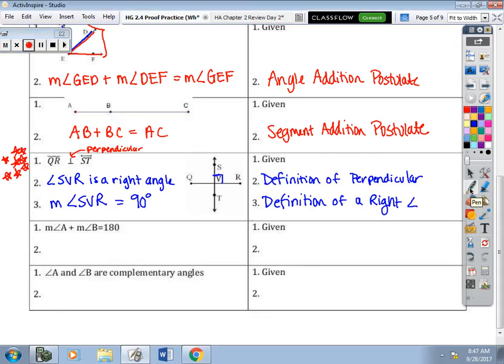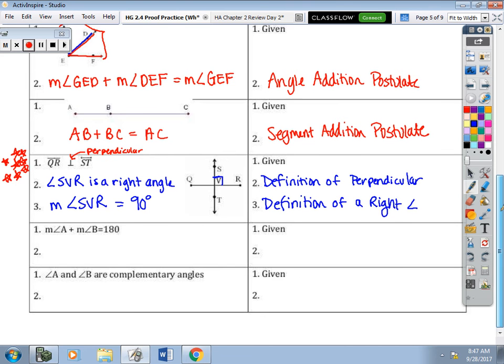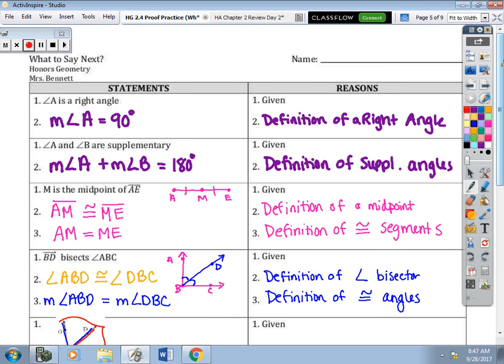Anyone think they got the next one? The measure of angle A plus the measure of angle B equals 180. What could we conclude if we are told that? Joseph? Very good. So looking back up at the top, when they gave us the word supplementary, we were able to go to the sum of them as 180. You can go in reverse.